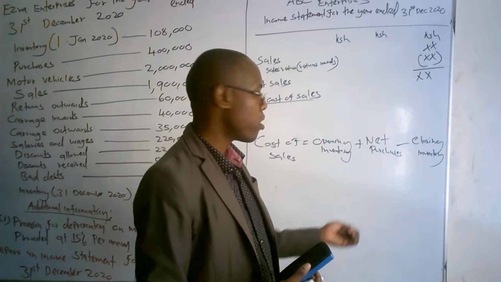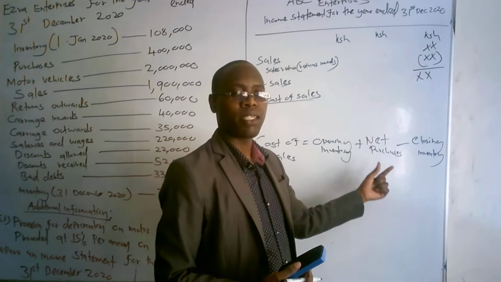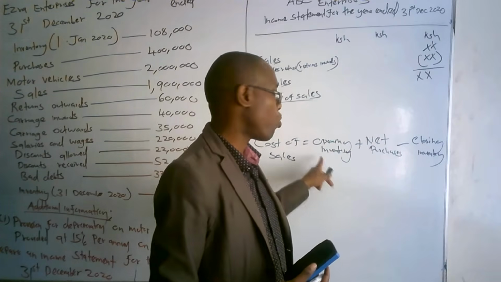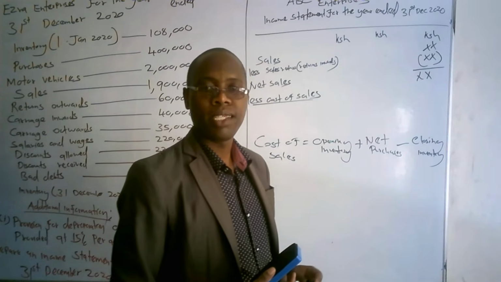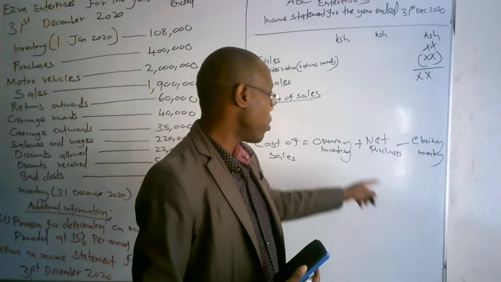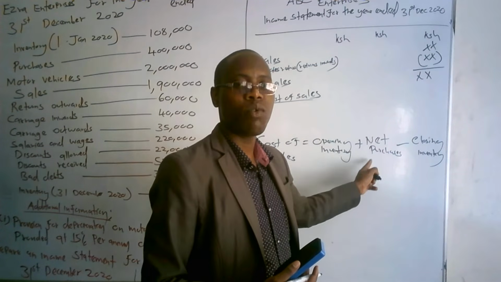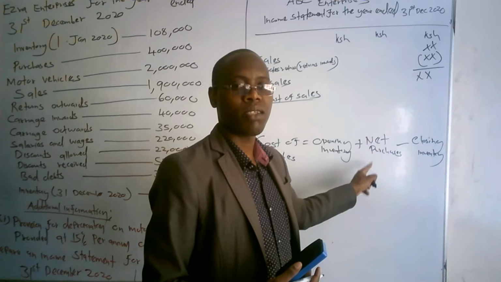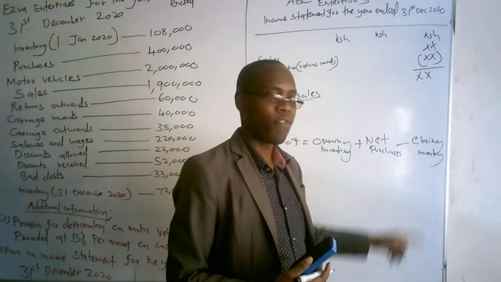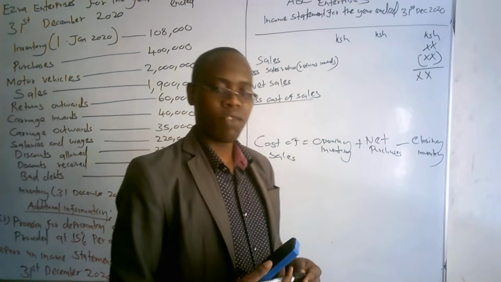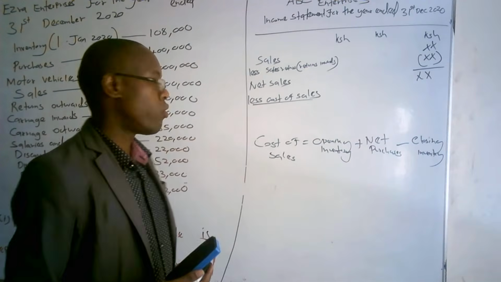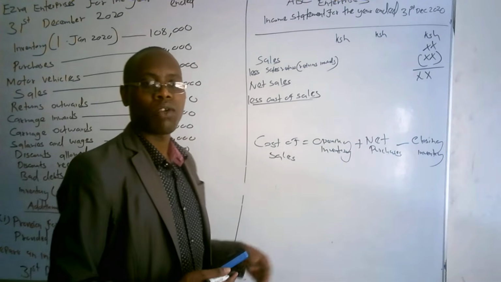So in this case, we must ensure that the purchases we are going to add to the opening inventory are net purchases. So we are going to make some adjustments on purchases until we arrive at a figure known as net purchases, and then of course we are going to less the closing inventory, and after lessing the closing inventory, we can get the cost of sales.